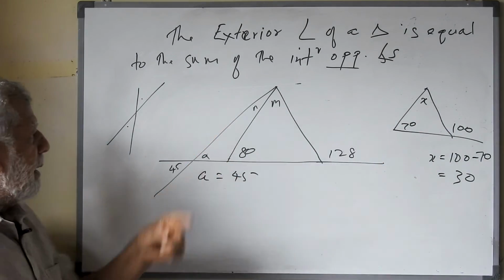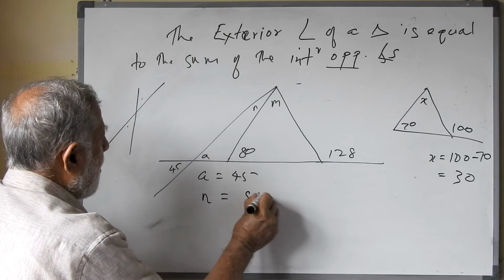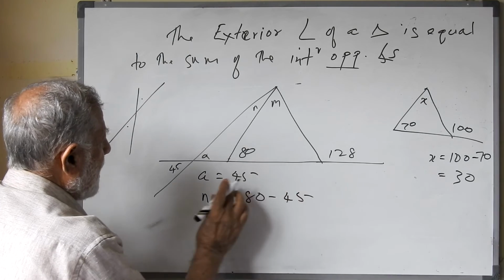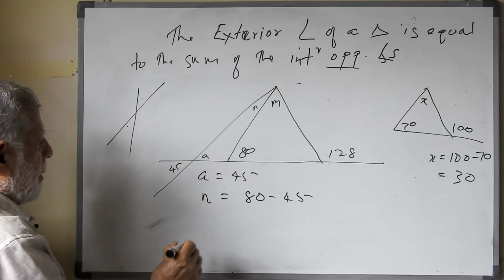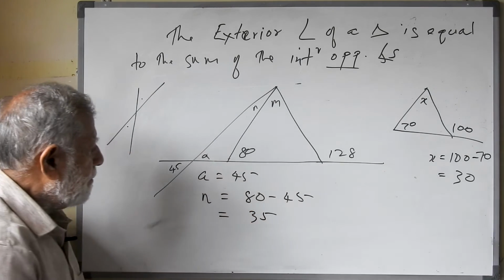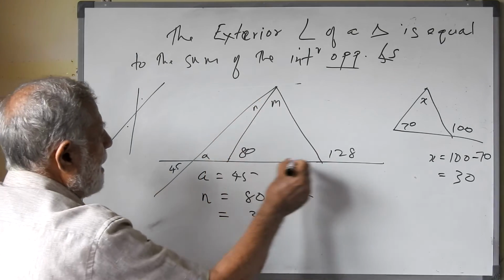So to find out n, what you do is n is equal to 80 minus 45. We have found out a as 45. 80 minus 45 will give you n. So 80 minus 45 will be 35 degrees. So we have found out n. Same way we take this triangle.